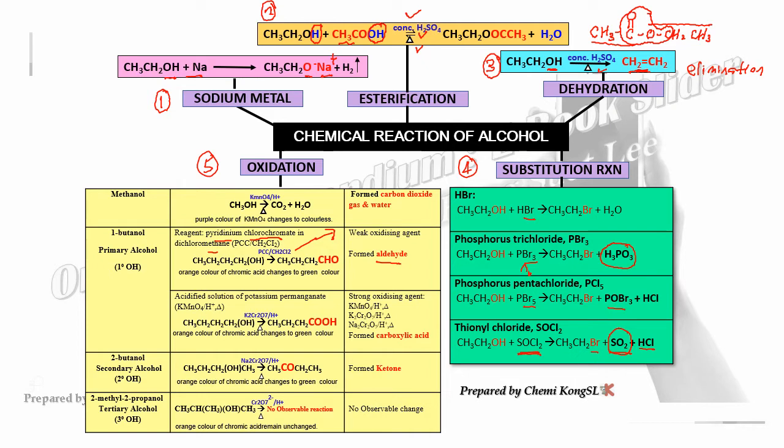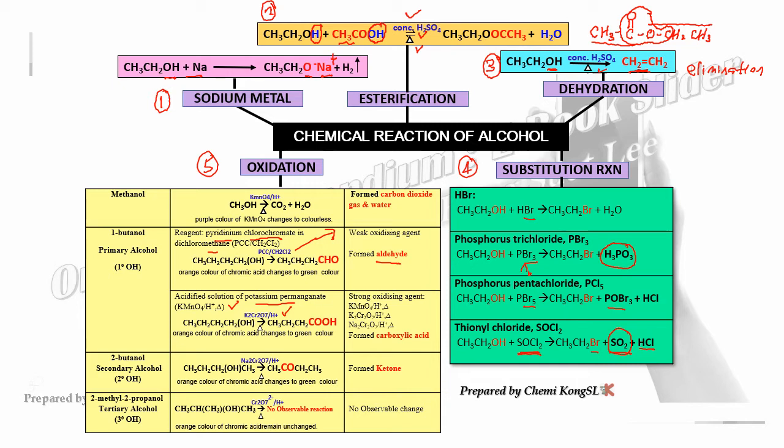Okay, and then when it reacts with the acidified potassium permanganate, this one actually you learned already in chapter 5, hydrocarbon, strong oxidizing agent, KMnO4, common H plus, heat. This is oxidizing agent. Of course, there is another oxidizing agent, K2Cr2O7.